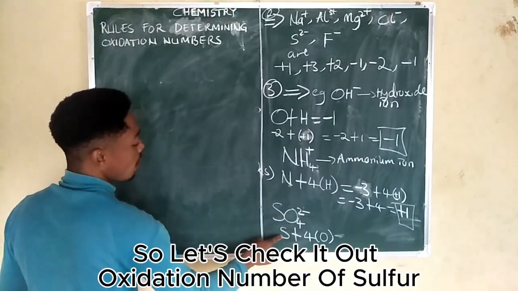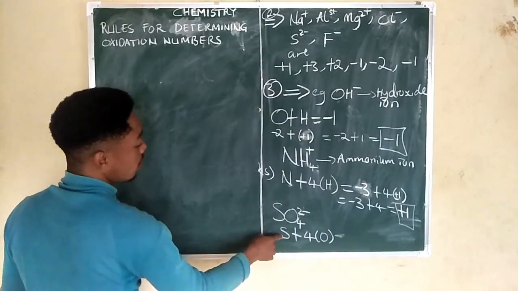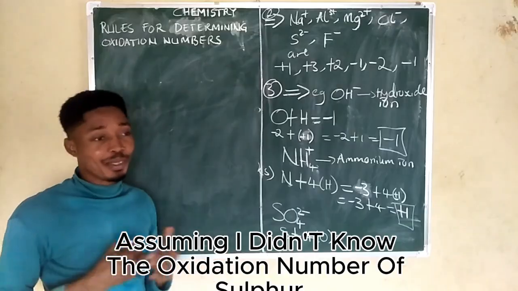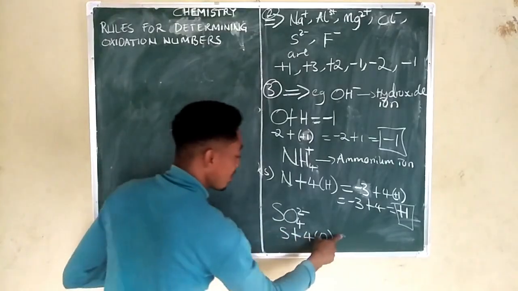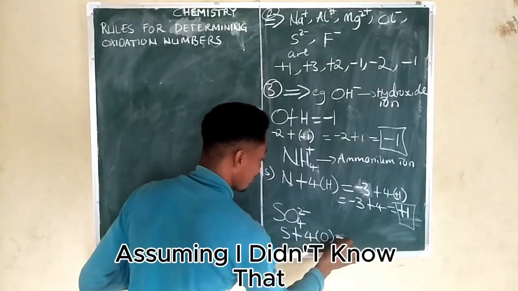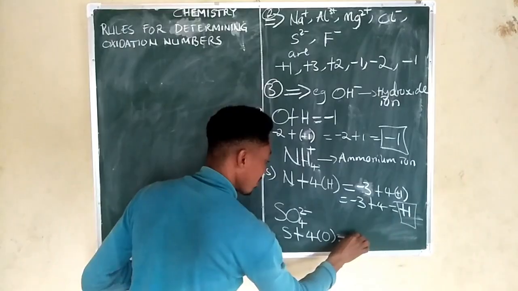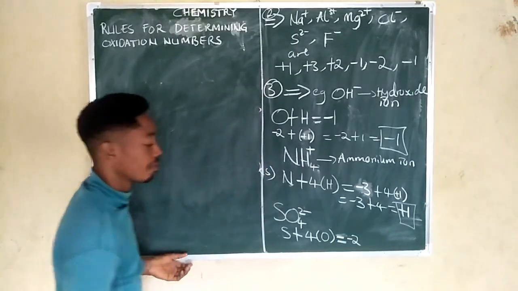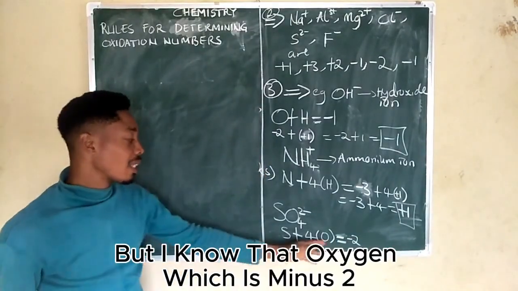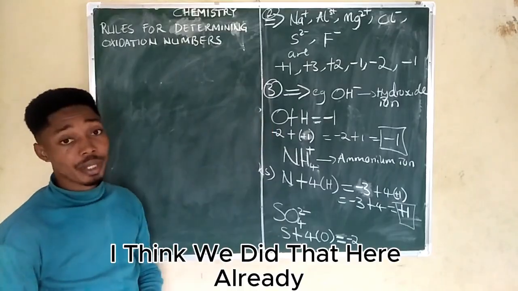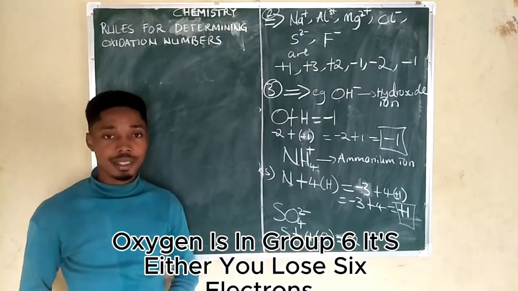So let's check it out. The oxidation number of sulfur, assuming I didn't know the oxidation number of sulfur. But I know that of oxygen, which is minus 2. I think we did that here already. Oxygen is in group 6.